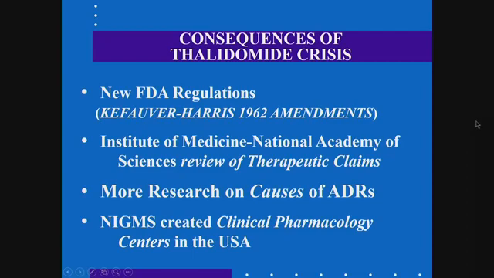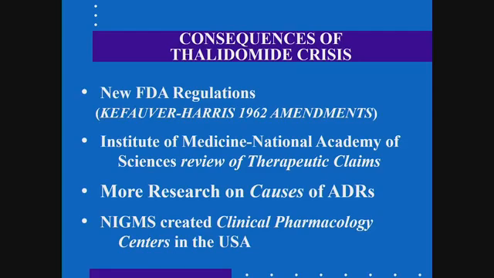Now there were consequences to this thalidomide crisis. For one thing, the United States Congress approved the Kefauver-Harris amendments in 1962 that instituted new and more strict FDA regulations to establish whether drugs were, on the one hand, effective but safe, and the process that has been modernized over the years, but again emphasizing safety and demonstrating efficacy of drugs before they're allowed into the market.